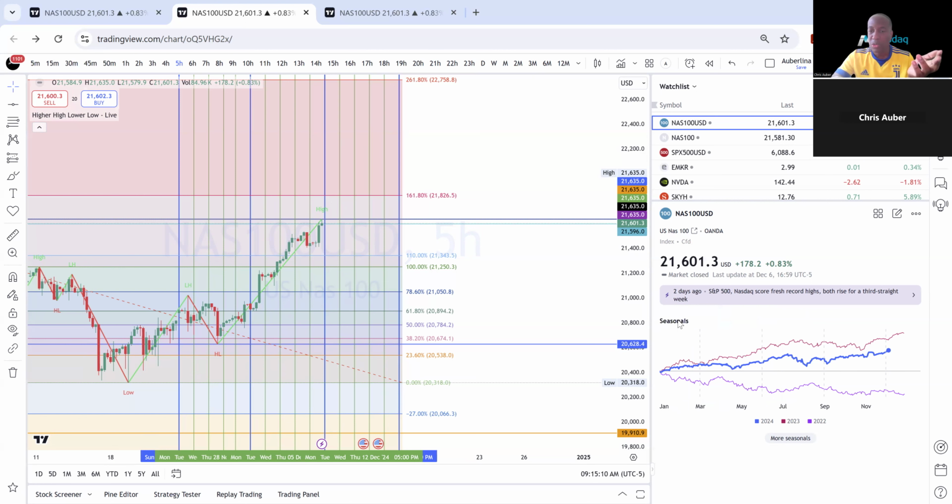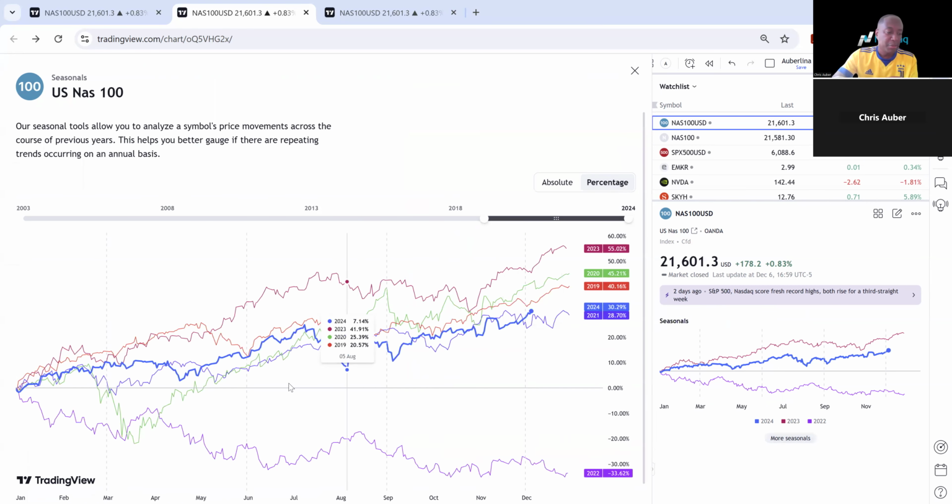And you can also get more seasonal data by going here, and it shows you everything that the market has been doing. Now, you'll notice that in 2022, the market was down by 33.62%. Okay.